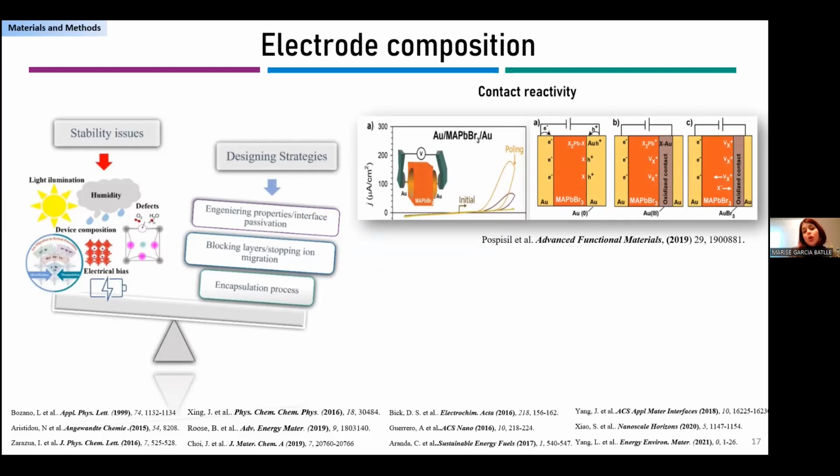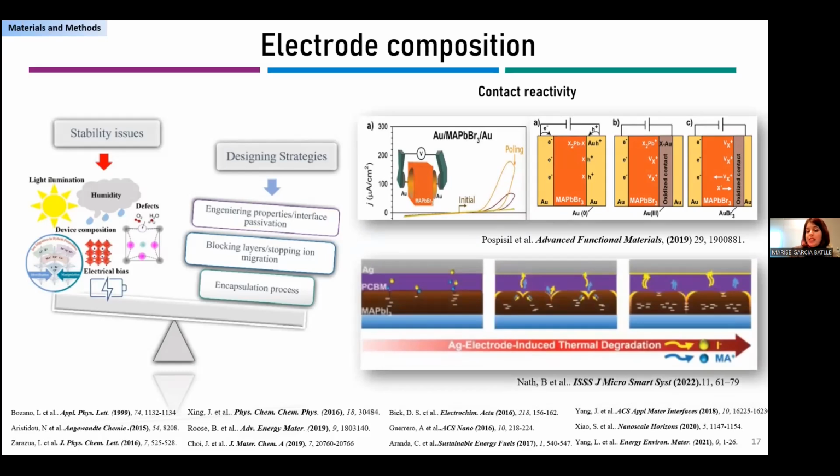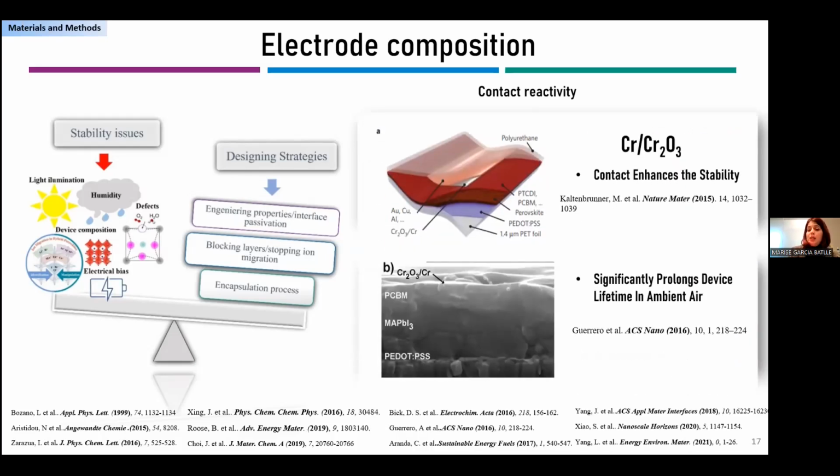It's well known that gold may migrate into the perovskite and react at the contact, so gold was discarded. We also observed some silver electrode-induced thermal degradation, so we also discarded silver. And we ended with this very nice paper about the use of chromium, which can enhance the stability of perovskite devices in solar cells, for example.